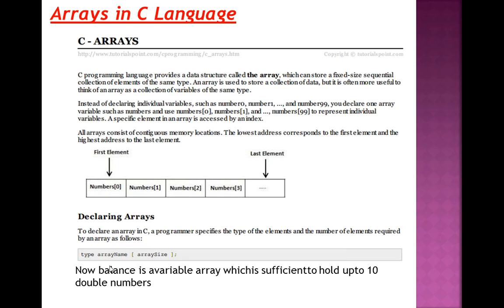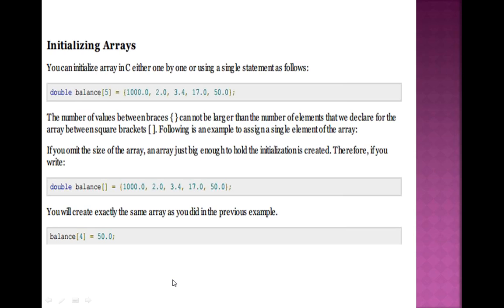So in double balance[10], this is double, this is balance, this is 10. Balance is a variable array which is sufficient to hold up to 10 double numbers. The data type is double.